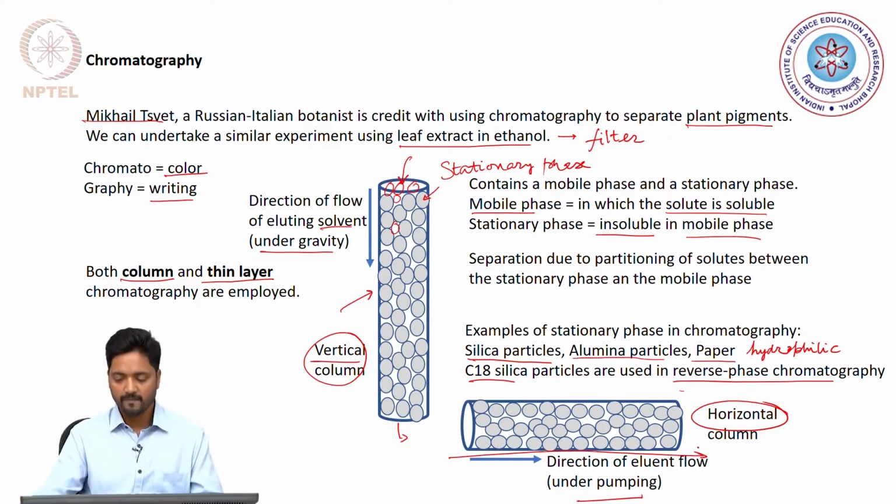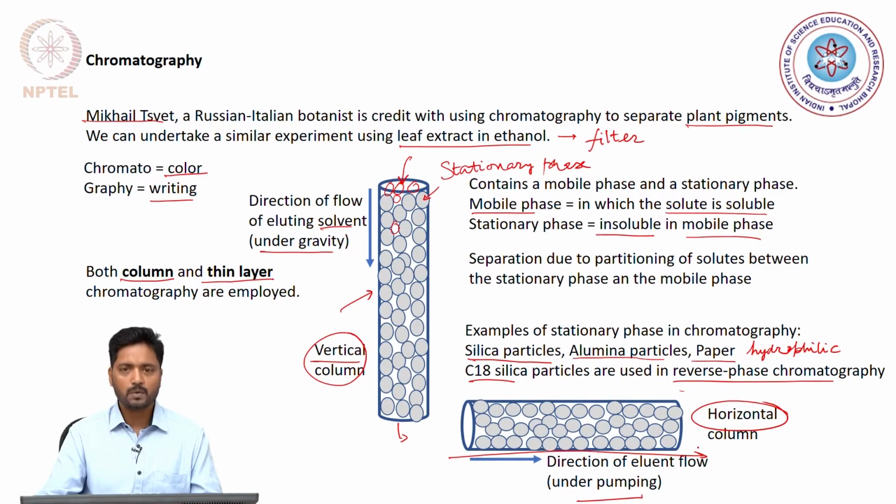In this case, we are not getting any benefit from gravity, so we would require a certain pumping action to push the solvent through the particles present in the chromatographic column.